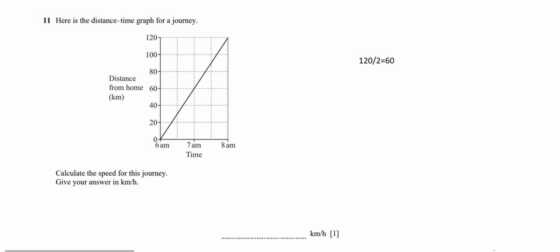If not, for a distance time graph, we can get the speed by dividing the total distance over the total time.